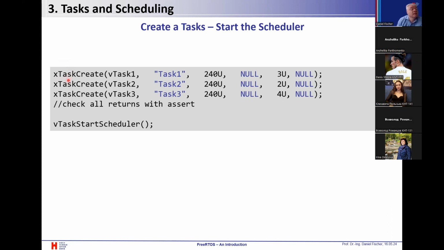This is in task.c. Then on the left-hand side, you can find the data type of the return value, and they use the X for FreeRTOS specific data types. There could also be some native data types, and this is also coded inside the function name.